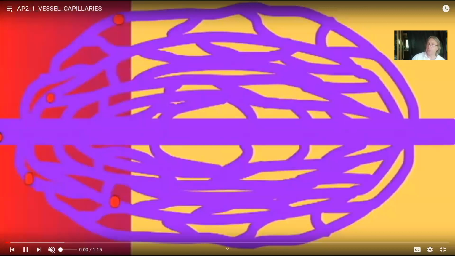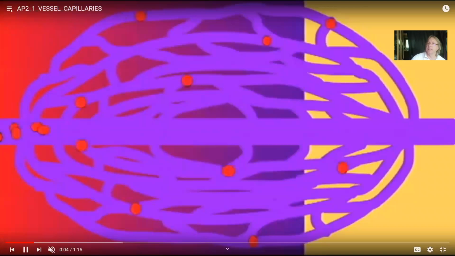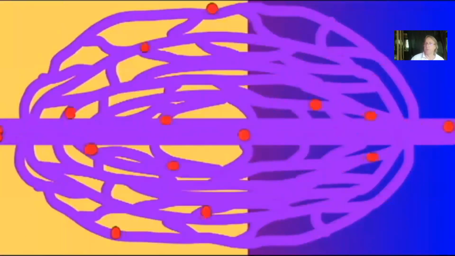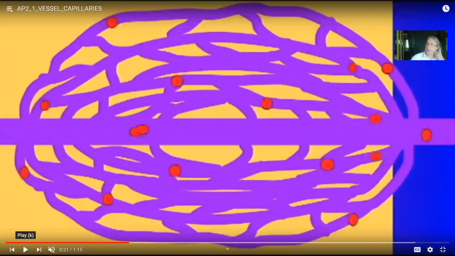And they're very important because this is where oxygen leaves to supply the surrounding cells. This is where carbon dioxide comes in. This is where sugar and amino acids and waste go back and forth. So capillaries very often don't get the attention that the heart does. But the capillaries are actually the reason to have a cardiovascular system.